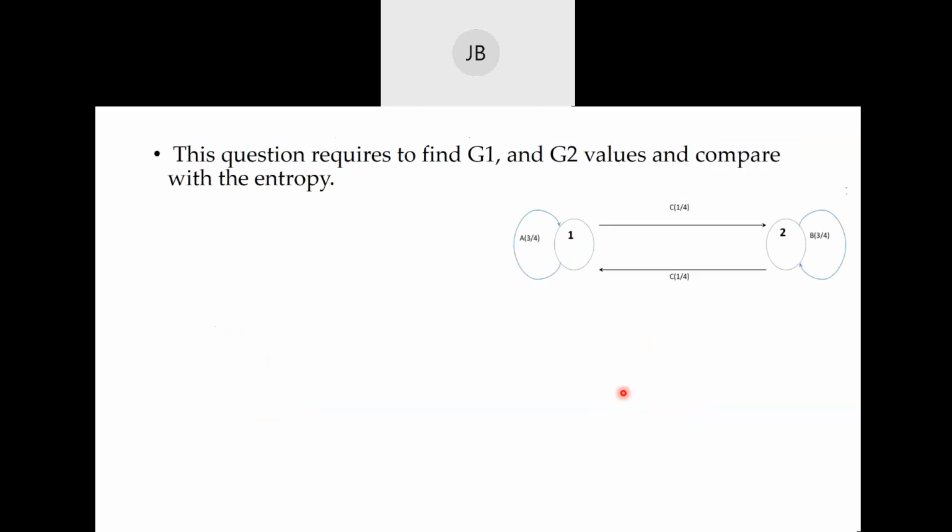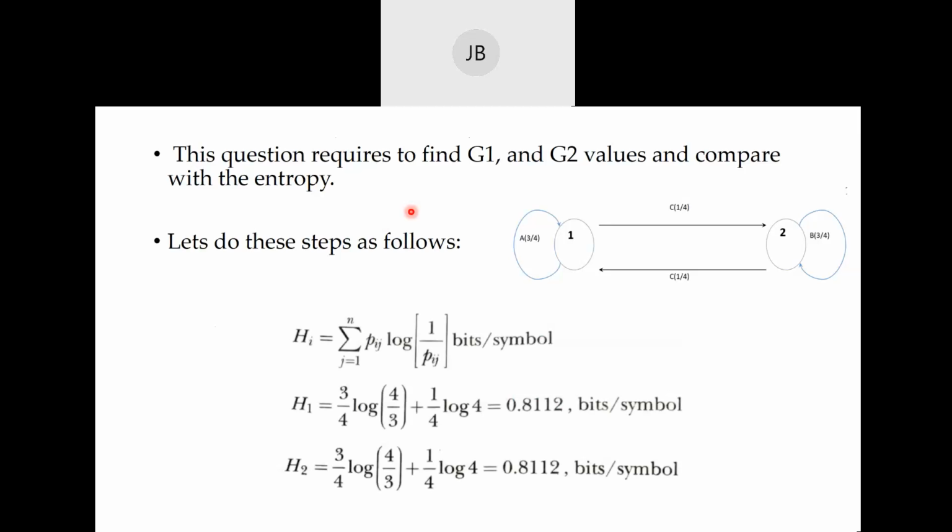Okay, now first we solve this here. The question requires you to find G1 and G2 values and compare with the entropy. So we will do these steps. First, we find the entropy of each state, state 1 or state 2. We know the general equation for entropy, probability times log of 1 by probability. For state 1, how do we get to state 1?